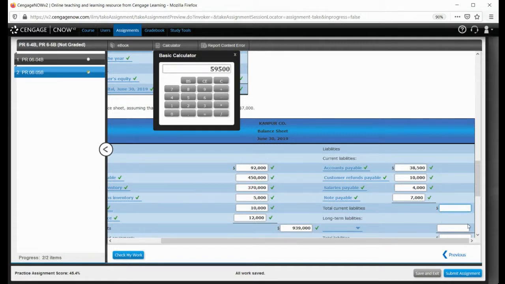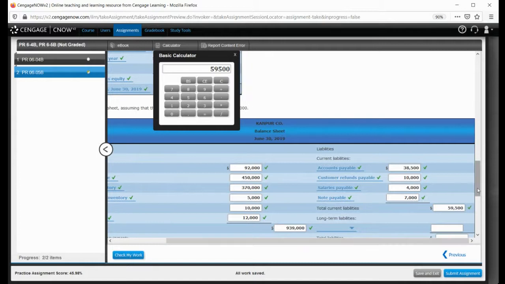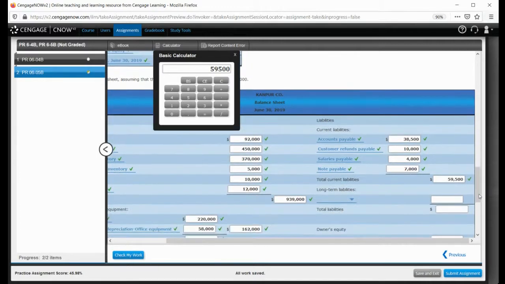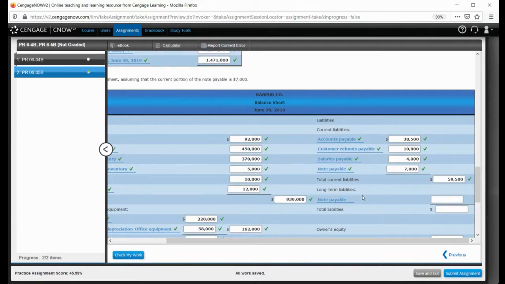And the total of our current liabilities is $59,500. Next, you're going to list your long-term liabilities. And your long-term liabilities would be the long-term portion of the note payable.